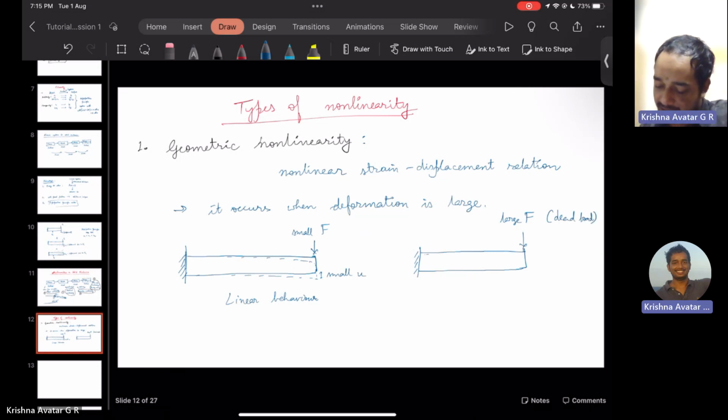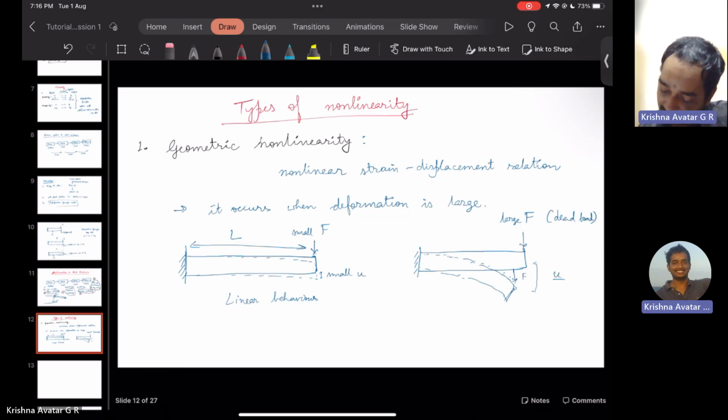Then what happens after deformation? It will deform a lot. You see, right? It has deformed a lot. Now in this case, say the length of this beam is L, then U is of the same order of L.